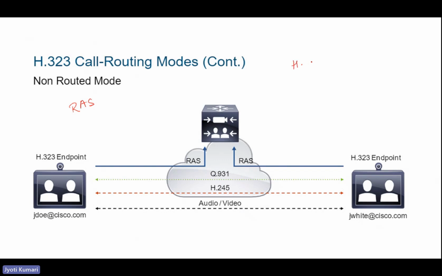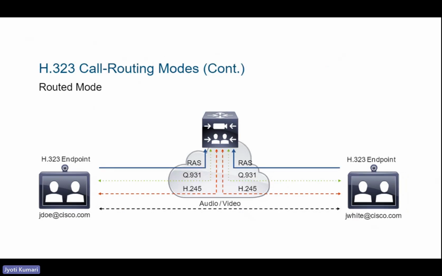There would be H.245, which is used as the negotiation protocol. There would be media exchange, which is done directly between the source and the destination. So you can find Q.931 for call setup, H.245 for the negotiation process, and so on. And then audio and video communication takes place in the case of non-routed mode.